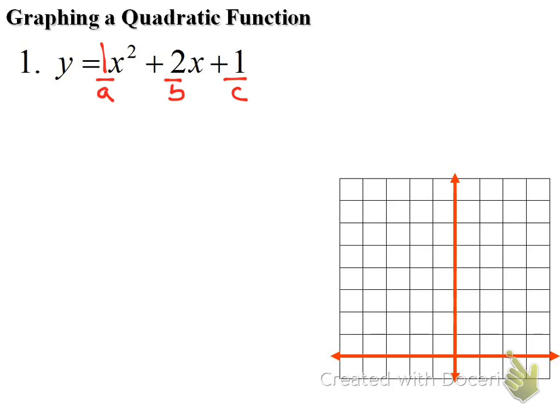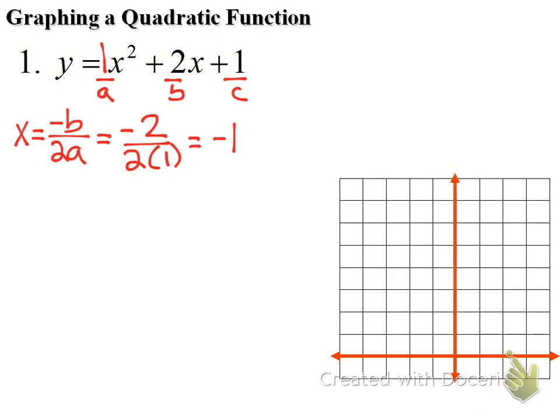How do I find the x value of my vertex? x equals negative b over 2a. Good, so that's going to be negative 2 over 2 times 1, which is just negative 2 over 2, which is negative 1. Good, so the x value of my vertex is negative 1. To find the y value of the vertex, you just plug negative 1 back into the equation.